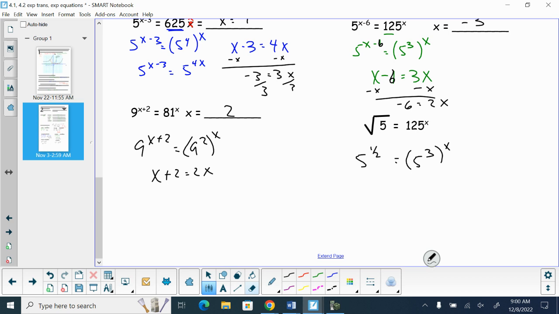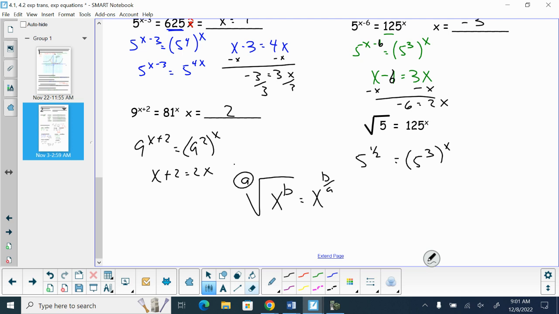Once again, we are taxing your properties of exponents. If I have the a-th root of x to the b, whatever the root is, and we have x to the b, this is equal to x to the b over a power.